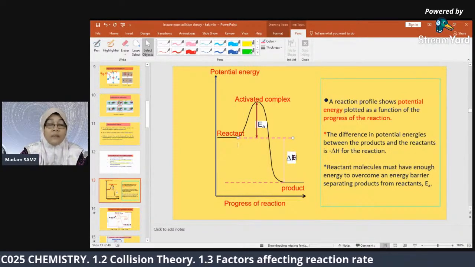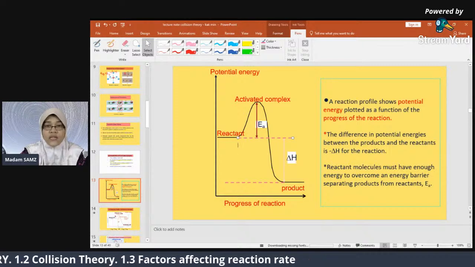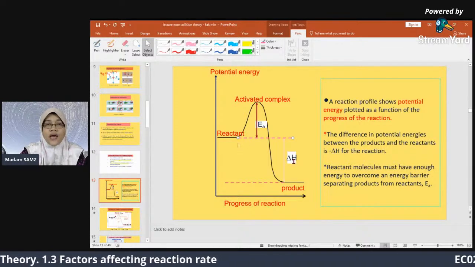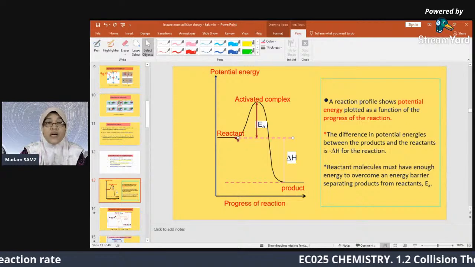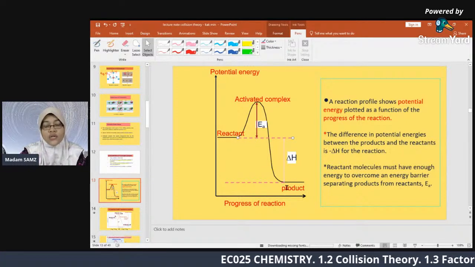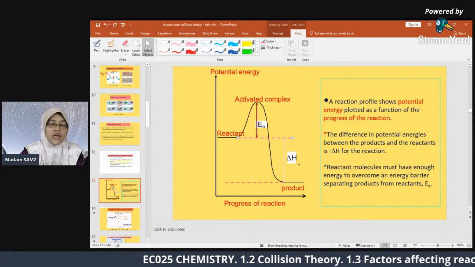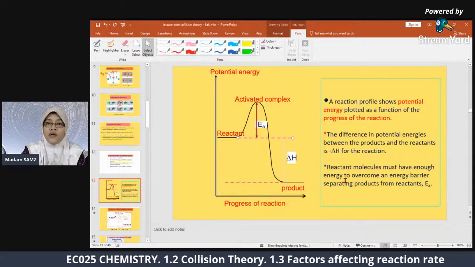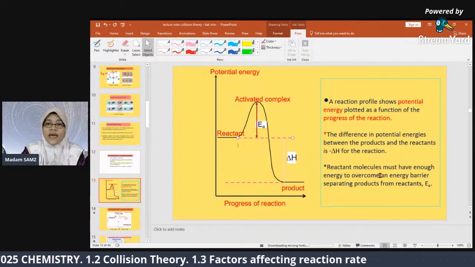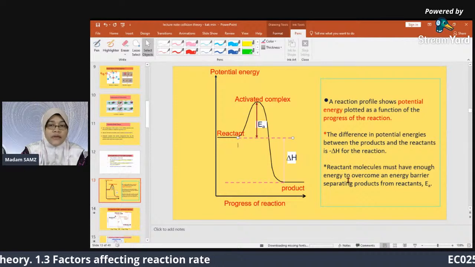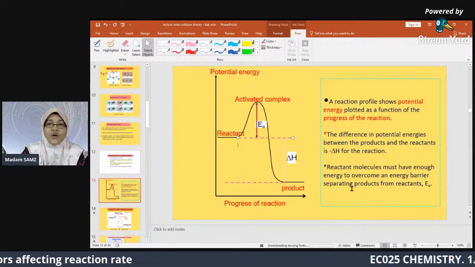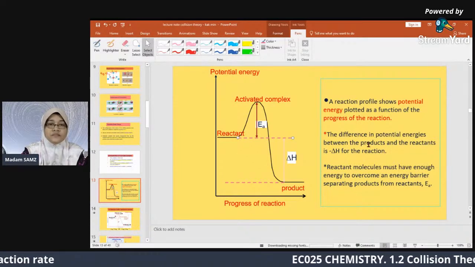This enthalpy might be negative or positive depending on whether energy is released or absorbed. Here we know that the reactant must release energy in order to form a product, so this delta H should be negative. The reactant molecules must have enough energy to overcome an energy barrier separating product from reactants.